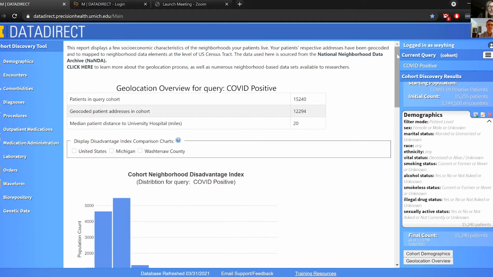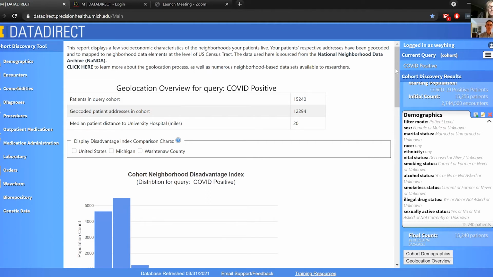Okay, so let's take a look at what a report may look like in Data Direct using this National Neighborhood Data Archive. So if you are interested in a particular patient population, you can subset on that population. This example includes the subset of patients who are COVID positive, for example. The report will tell you how many patients are in that data pool and how many were successfully geocoded using the patient address.